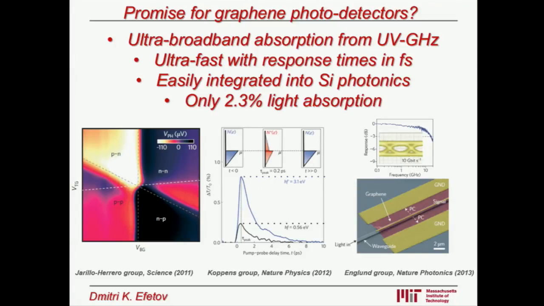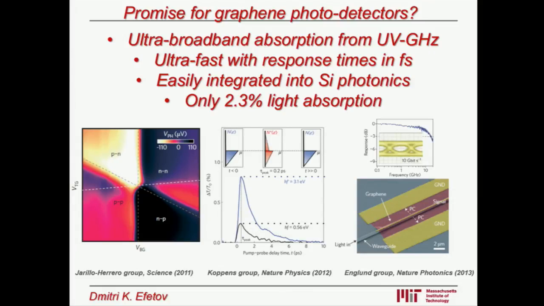Here, the first paper was probably done by Pablo in 2011, where they observed the photothermoelectric effect in graphene. The second most important thing, I think, is that it is ultrafast. In Frank Koppens' group at ICFO, people measured that graphene electrons respond to light on a femtosecond scale, with typical relaxation times on the order of 50 femtoseconds.